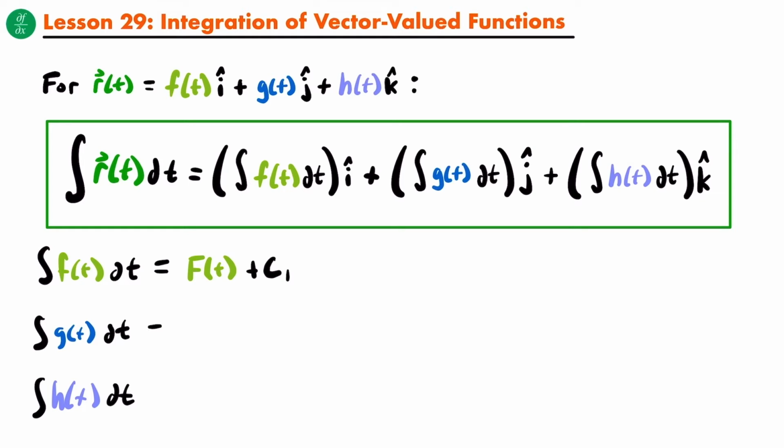And then for this integral of g of t, the antiderivative would be capital G of t, and then we would add another constant of integration, but this time I'll call it c sub 2. And then finally for h of t, the integral will be capital H of t, and then once again you would add another constant of integration, which I will call c sub 3.